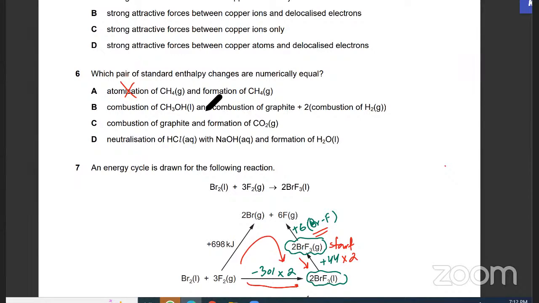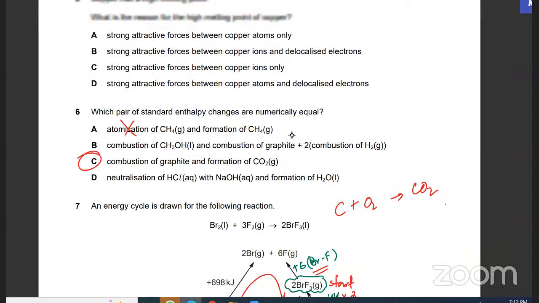Combustion of ethanol and combustion of graphite doesn't look equal, they're completely different reactions. Combustion of graphite and formation of CO2, is that equal? Yes, that is equal. Combustion of graphite is C plus O2 forming CO2, and formation of CO2 is forming CO2 from its elements. So they're the same reaction.